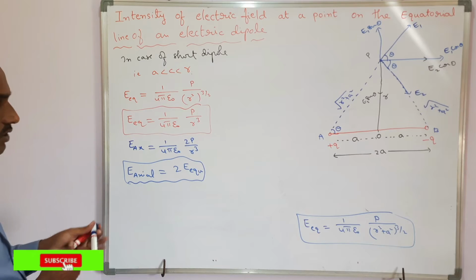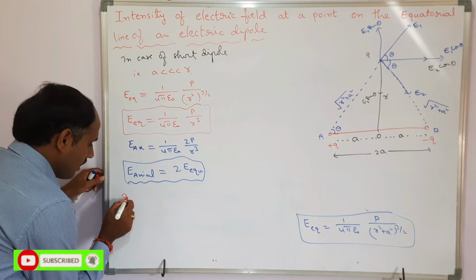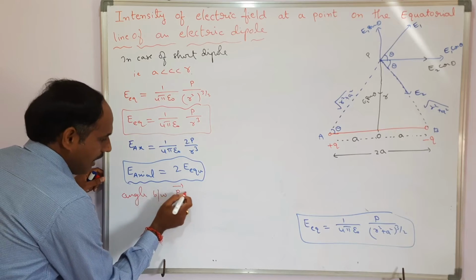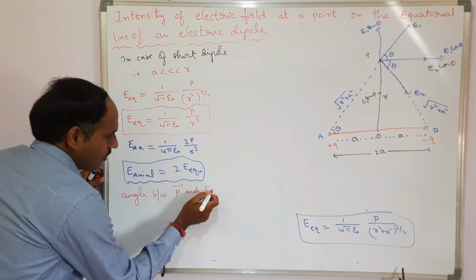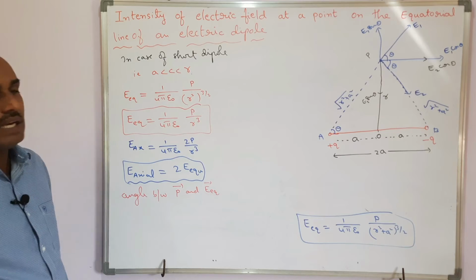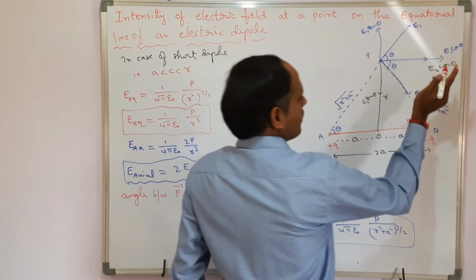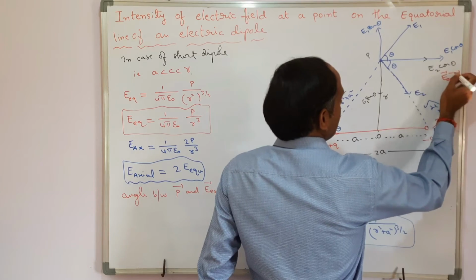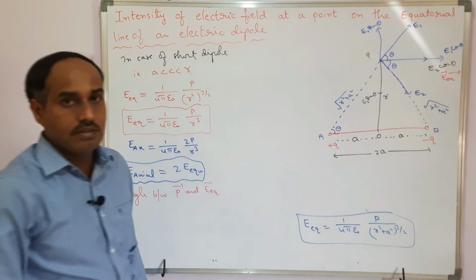Okay, so now my next point, which is again important, is the angle between P bar and E on equatorial line. So what is the E net on the equatorial line? By seeing this vector diagram, this gives the E on equatorial line, which is along the rightward direction.